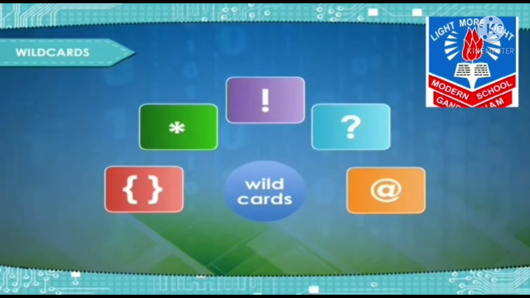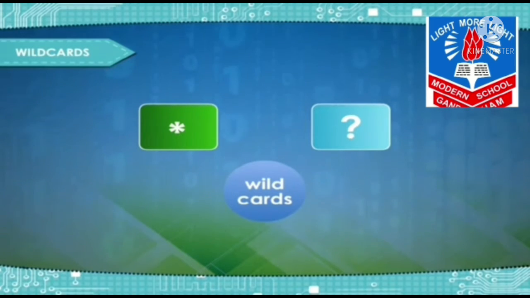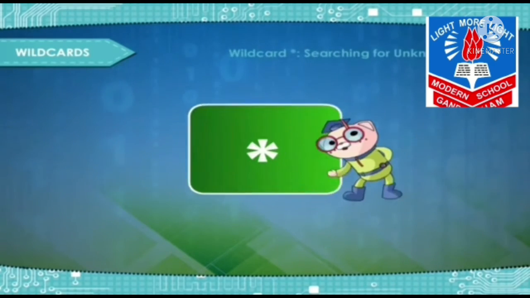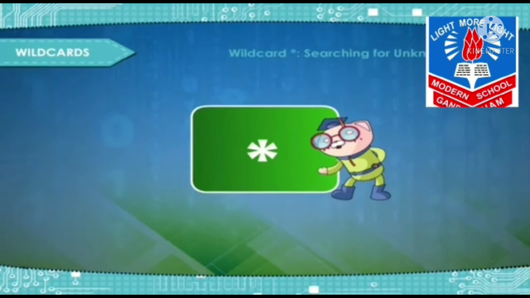Wildcards. Wildcards are symbols you can use when you don't know exactly what you are looking for, but can almost guess. There are two wildcards supported by Windows search: asterisk and question mark. Wildcard asterisk, for searching an unknown string.